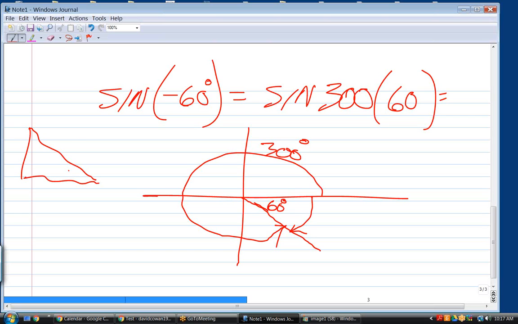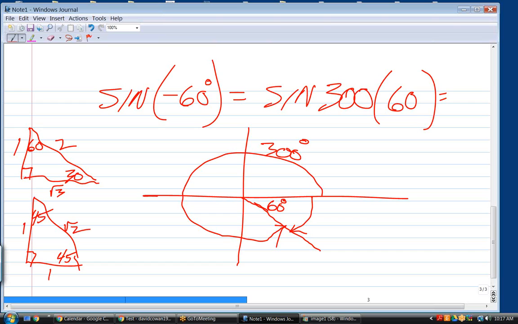Let's draw our 30, 60 right triangles. These two triangles are so fundamental to trig and geometry that you should memorize the unit ones. The unit ones are 1, square root of 3, 2, and 1, 1, square root of 2.